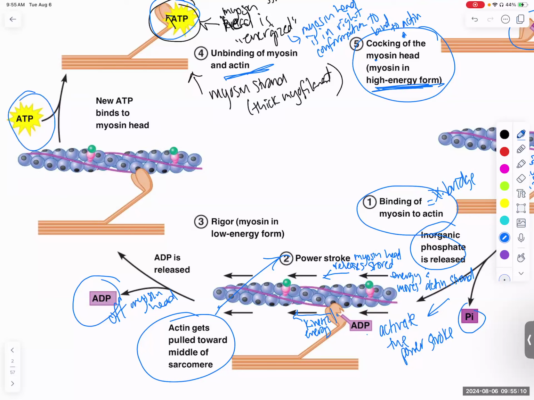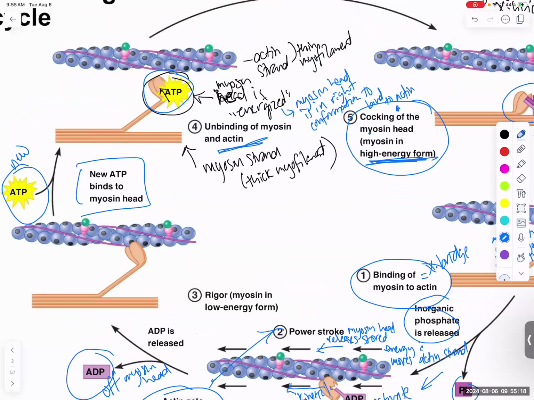Now a new ATP has to bind to the myosin head in order to decrease the affinity of the myosin head to the actin strand. And that causes the release of the myosin head from the actin strand.